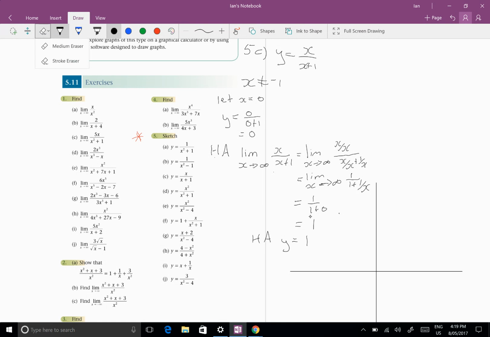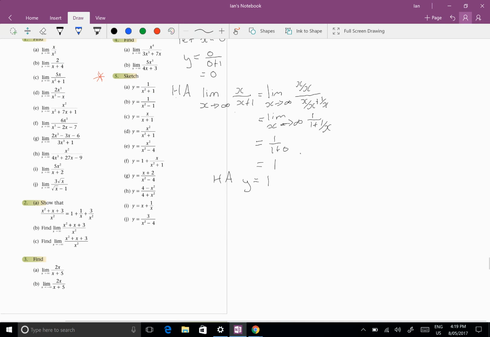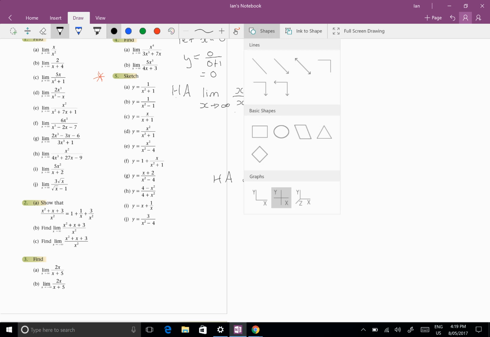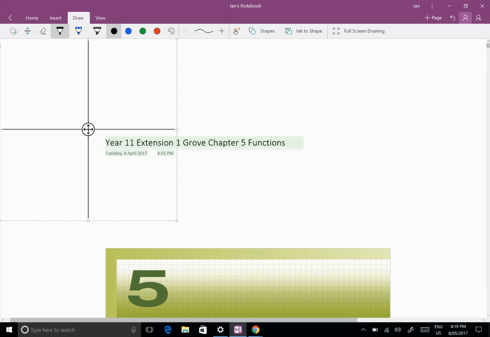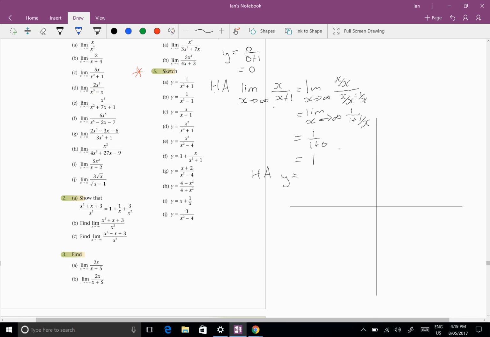So what does that tell me then? I'm just going to erase that and put it back over here a little bit. So what do we get? y equals 1.